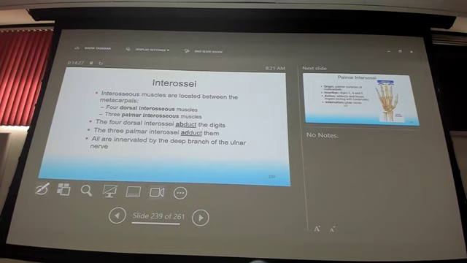Truthfully, when you study the hand in detail, they draw an axial line down the middle finger, and when they talk about abduction and adduction in that case, they're really talking about going back and forth towards that midline. Don't get into that. You're not going to be occupational therapy. All of them are innervated by the ulnar nerve.